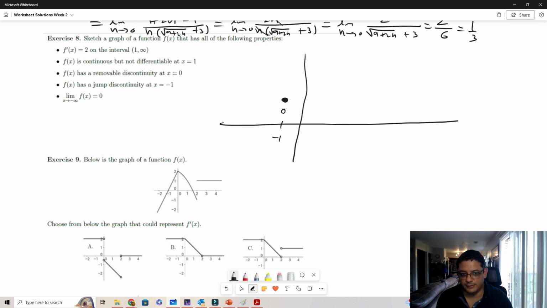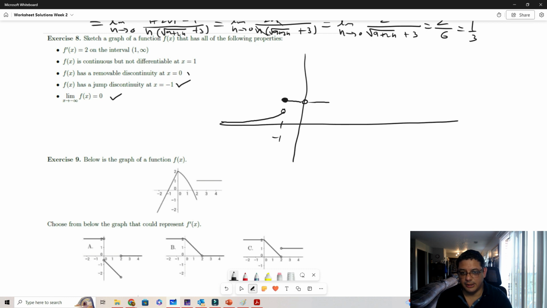Like this is a jump discontinuity. At 0 we have a removable discontinuity. So this means that there is a hole in here, but the function continues. And then because of the asymptote I can do this. So the asymptotes account for that. Jump discontinuity at minus 1, we got it.